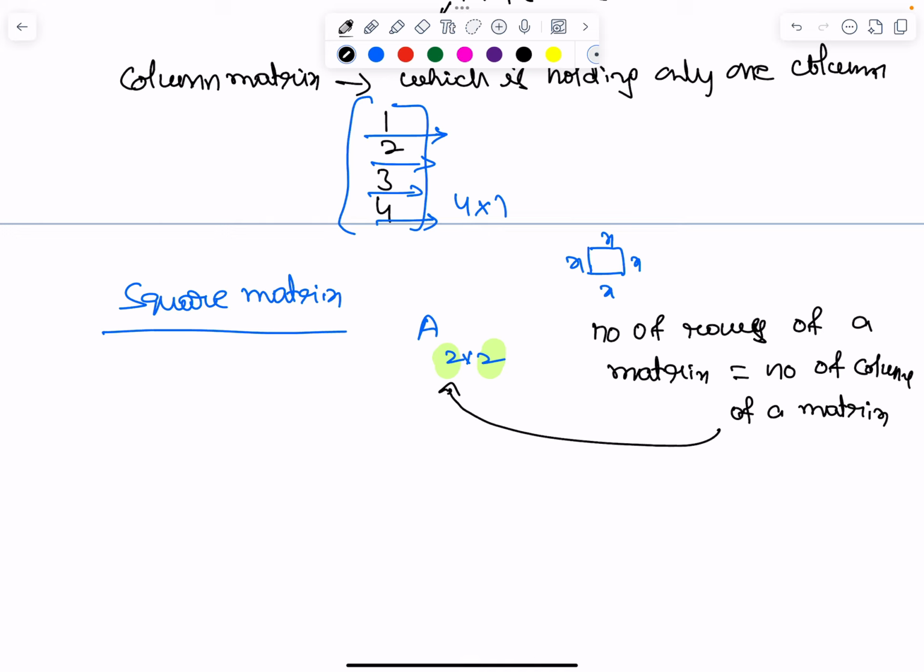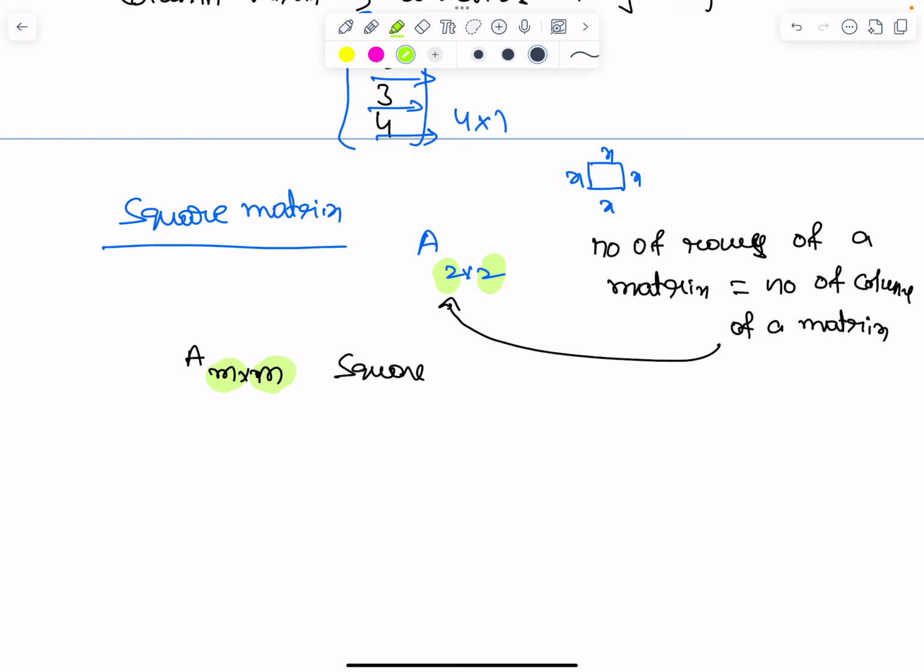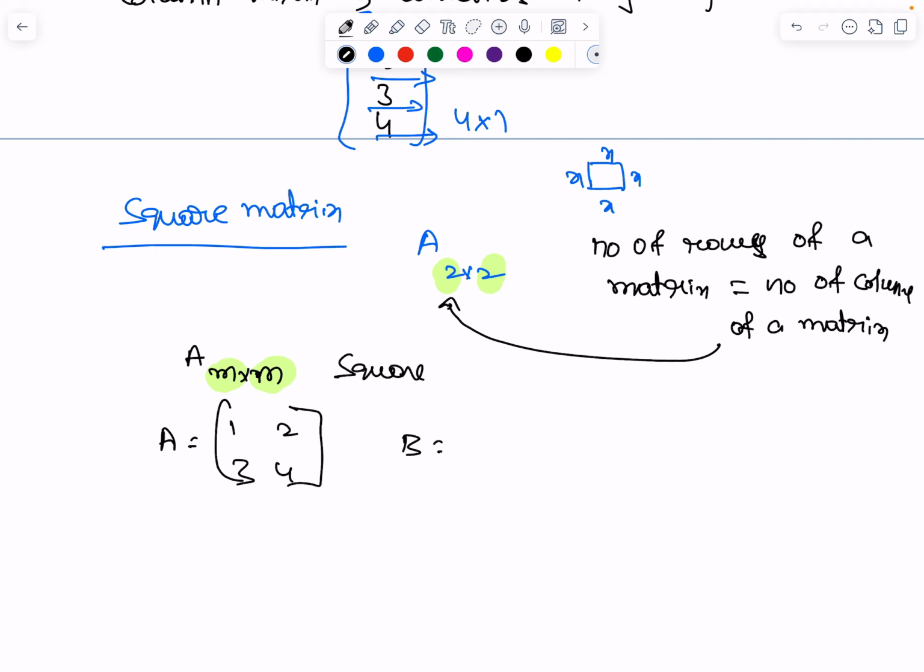You can say A is m by n, again a square matrix, because it is having m rows, m columns. So these are the square matrices. For example, A is equal to 1, 2, 3, 4, which is 2 by 2, and B is equal to 1, 2, 3, 4, 5, 6, 7, 8, 9, which is 3 by 3.